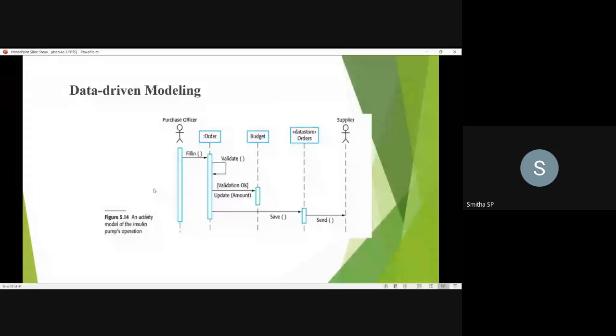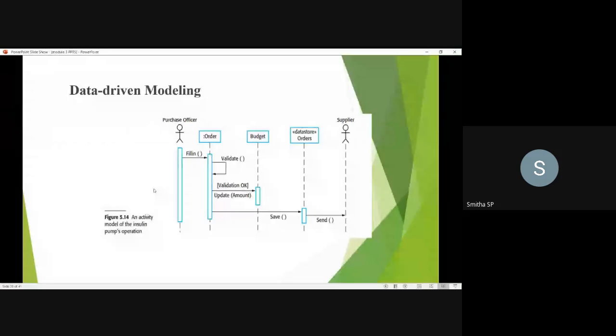First is data-driven modeling. Data-driven modeling shows the sequence of actions involved in processing the input data and generating an associated output. Here, you need not explain the processing steps.